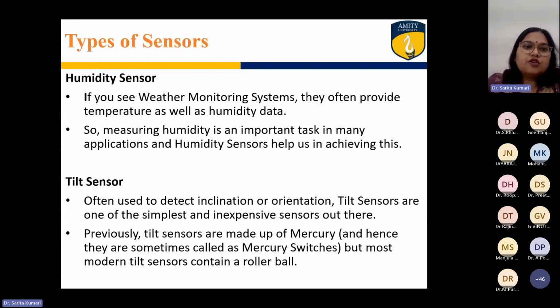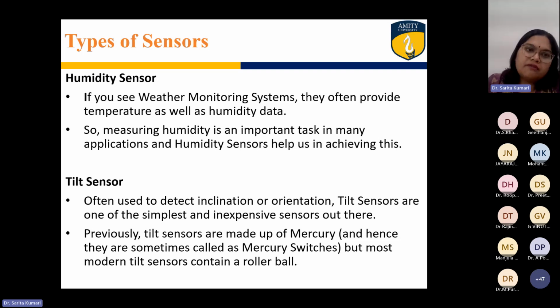Now next is the humidity sensor. It measures how much humidity is present in any device or, suppose I take the example of soil. Nowadays soil monitoring is one of the important criteria for farmers, or for advanced research, or while we are going to do some kind of construction.